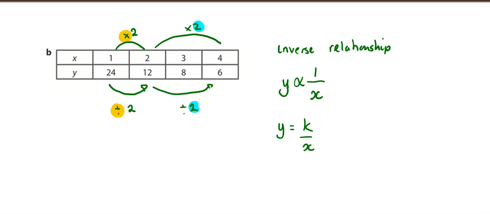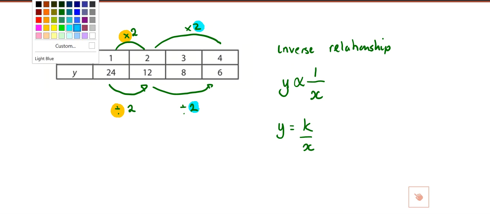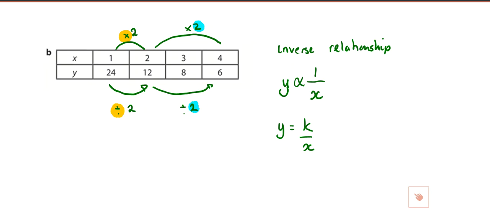This formula is supposed to link these numbers together, right? I should be able to use this formula to get from 1 to 24, or from 2 to 12. So, like we were doing before, what is k called? The constant of proportionality. It's the constant that when I apply it to one of them, I get the other.